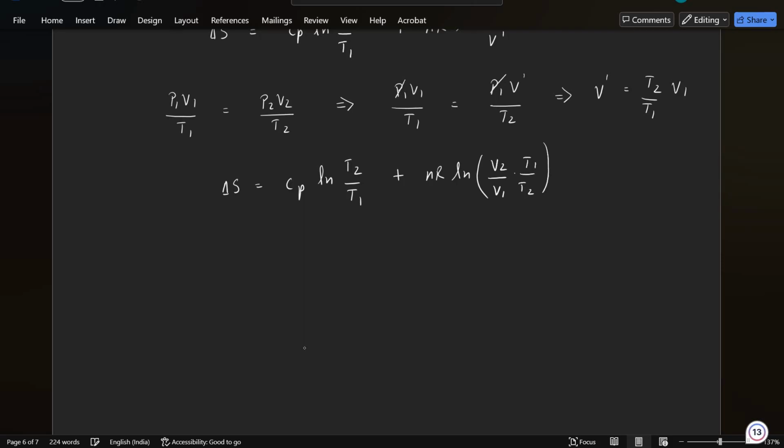We can even further simplify this. Cp minus Cv is equal to nR.